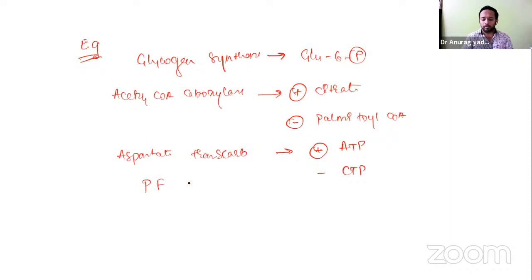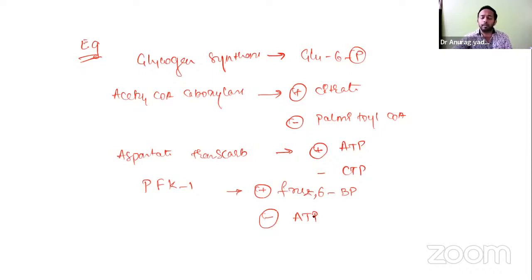Phosphofructokinase 1 is activated in the presence of a lot of fructose 6-phosphate or fructose 2,6-bisphosphate, and in the presence of a lot of ATP, energy is already high. We don't want the glycolytic process to continue, so it will act as a negative allosteric regulator. It will decrease the rate of reaction.